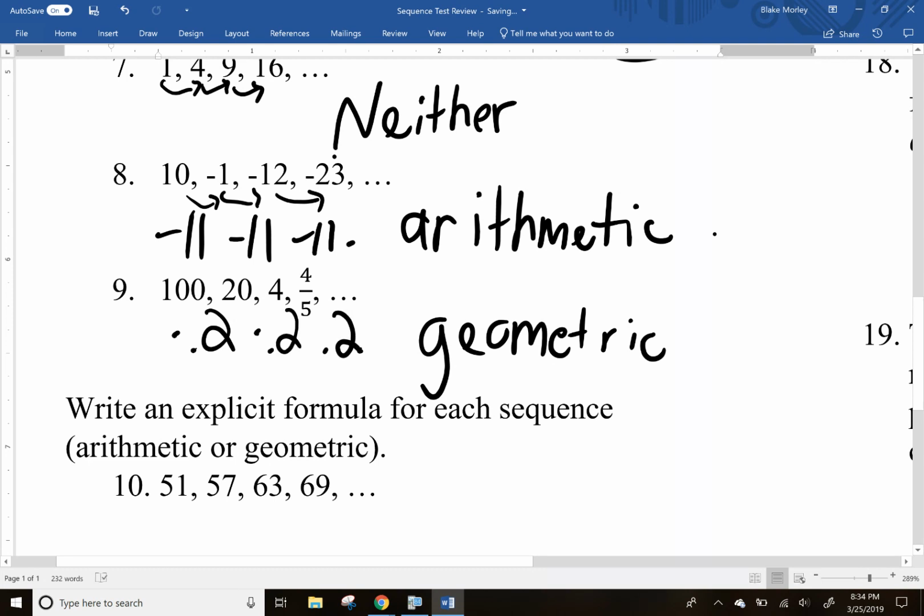Okay. So remember, when I'm doing subtraction from one term to the next, or I'm doing division from one term to the next, going backwards, that's only to test a theory to help me figure out if it's arithmetic or geometric. But at the end of the day, that is still backwards. So yes, I was dividing and I got 0.2, but that was only to tell me that really I'm multiplying by 0.2 to go forward.